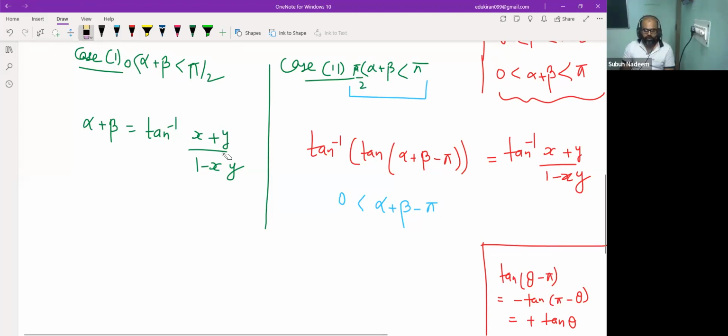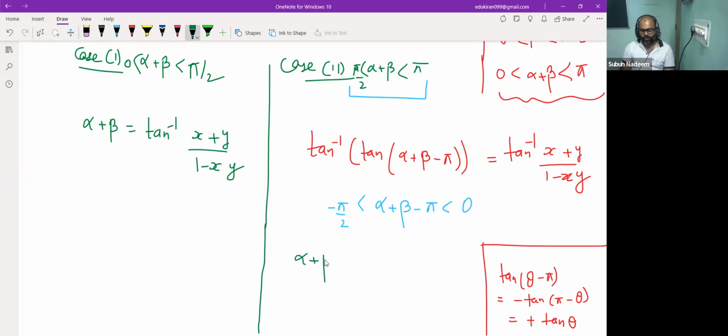So it will become minus pi by 2 here and 0 here. Yes, this is within the principal value range of tan, because minus pi by 2 to pi by 2 is the principal value range, and this is a subset of it. So it lies in the principal value region.